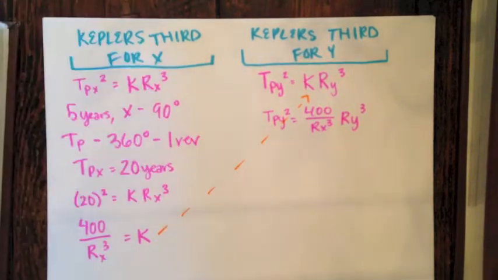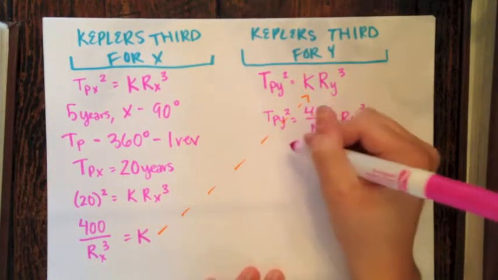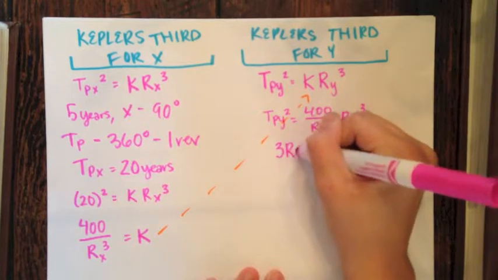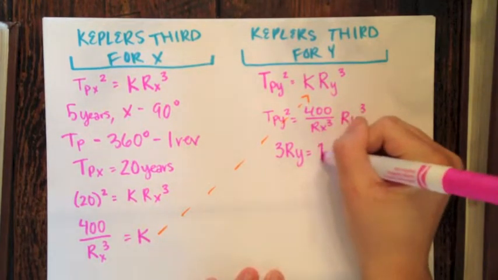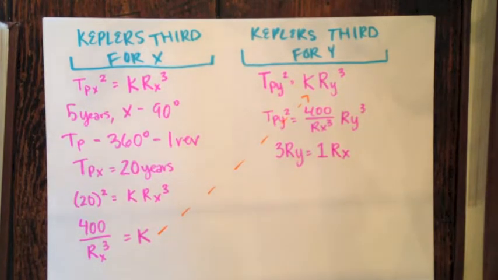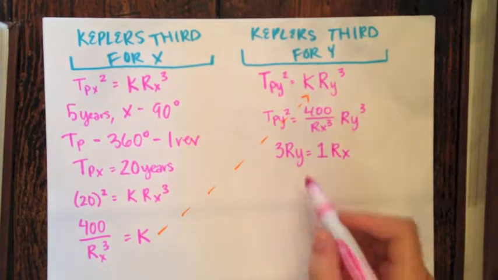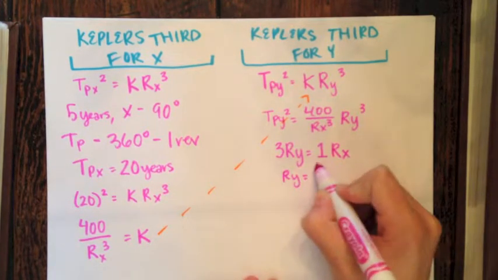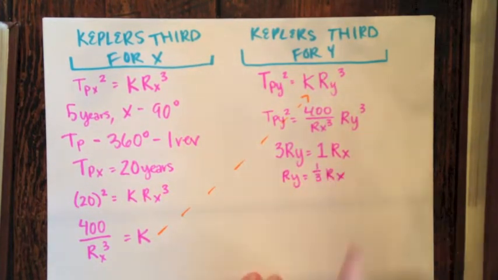And the ratio we're given in the problem is that the radii of the 2 planets is 3 to 1. So we know that it takes 3 of radius y to equal 1 radius x. And that's really convenient and helpful for us. And for me personally, I'm going to move this around to where we have ry equals 1/3 rx.